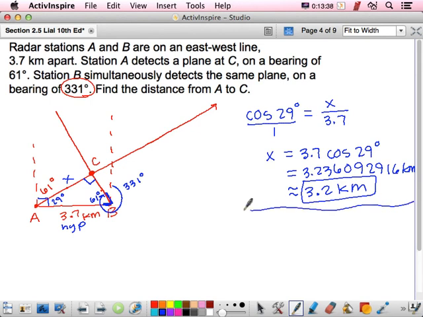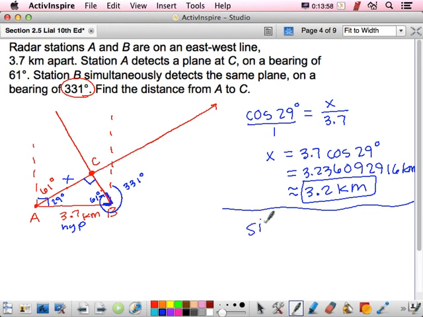What if someone said, I don't want to use the 29, I want to use the 61? If we decided to use the 61 instead of the 29, what SOHCAHTOA equation would that be? Opposite over adjacent. Let's see, that would be opposite over hypotenuse, yeah. So that would be sine, yeah. That would be the SOH.